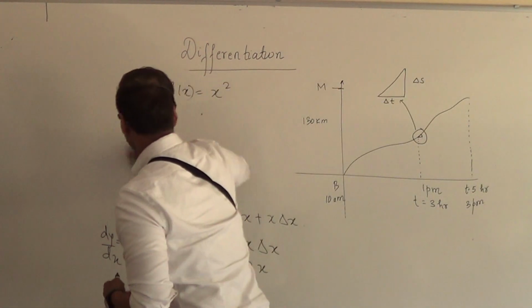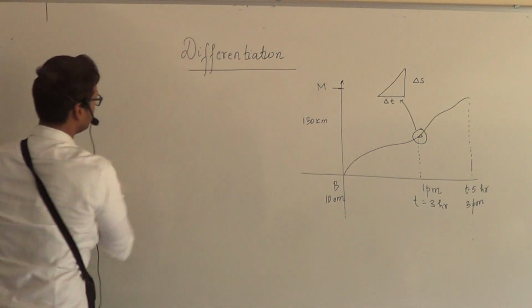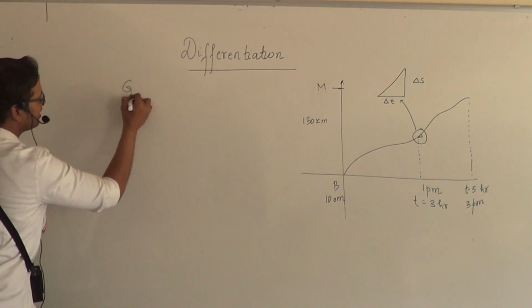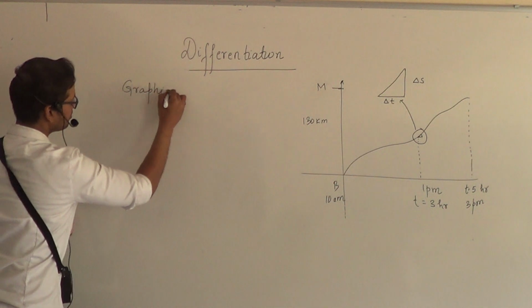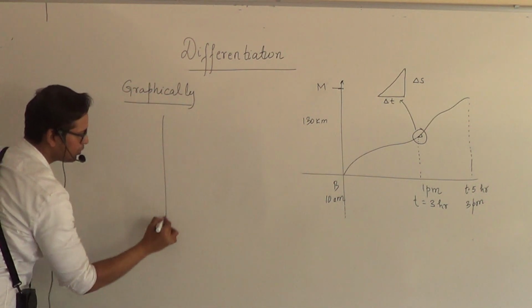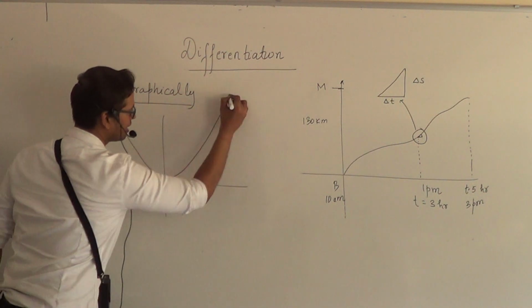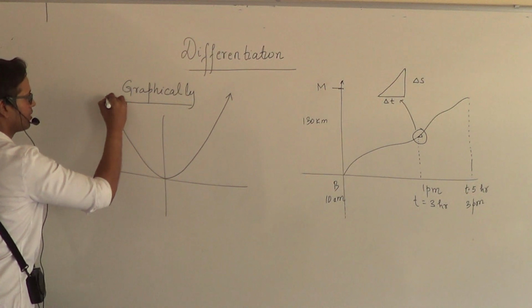Now, what do we mean graphically when we say the derivative of x square is 2x? We already know from our graph chapter that x square is a parabola. Correct?